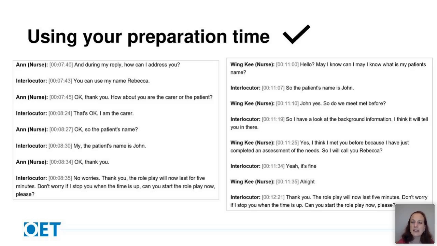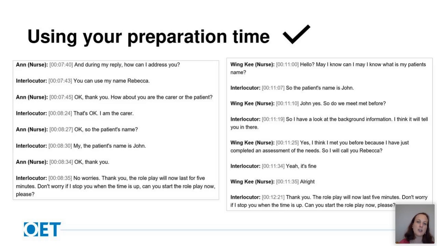This isn't something the interlocutor can answer for you, but as you can see, I directed them to have a look at the background information, and then the nurse was able to answer their own question, I've met you before. And then after they have clarified who they're talking to, they also asked what name they should use for me as the carer of the patient. So that's a really good way to make use of your preparation time.